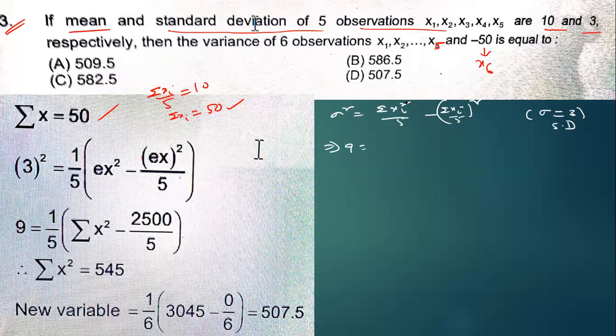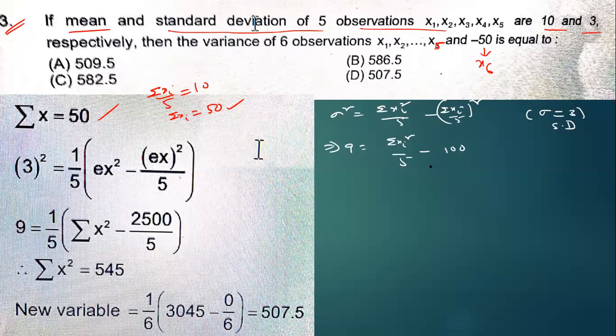So sigma x square is how much? By 5 minus the average of these observations, which is 10, that means 100. Sigma x by n means 50 by 5, which is 10, correct.